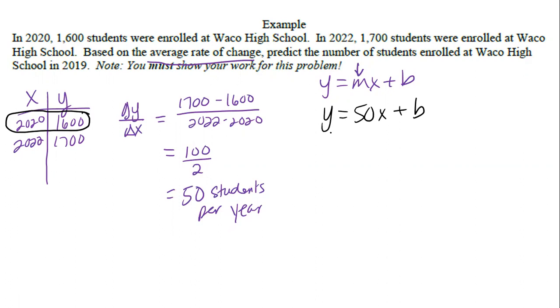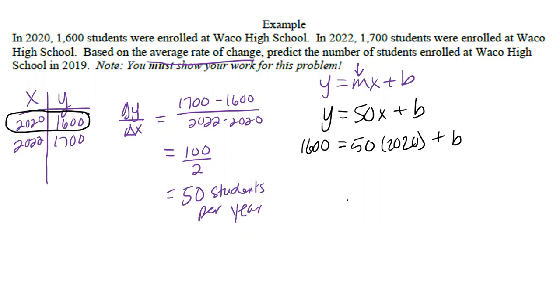So I'm going to plug in y is what? 1600. x is 2020. And it's okay to use years when it's linear, right? When is it not okay to use the actual year? Anyone remember? Exponential, because it grows super duper fast.